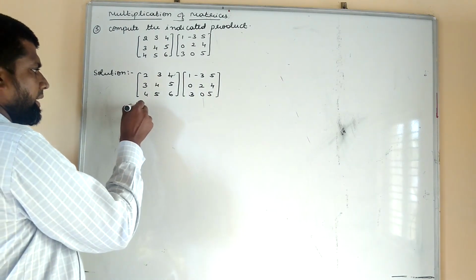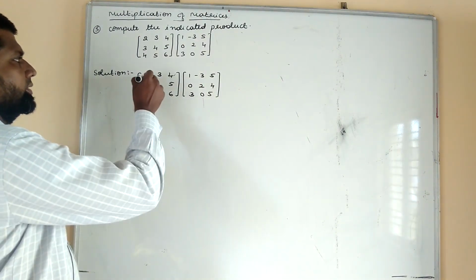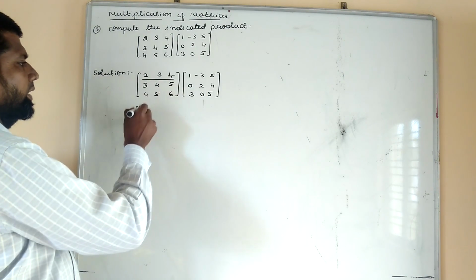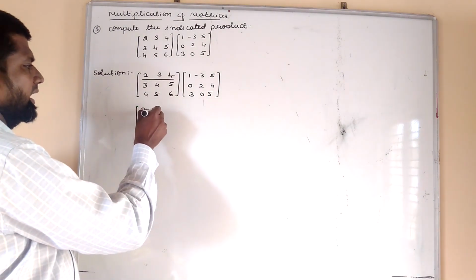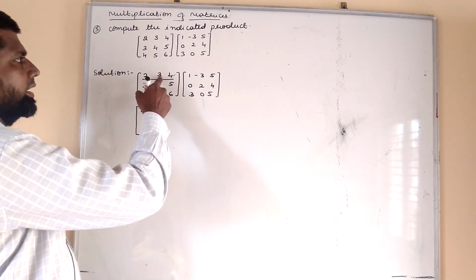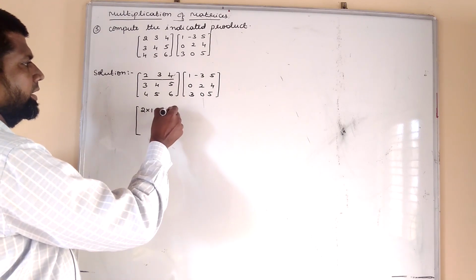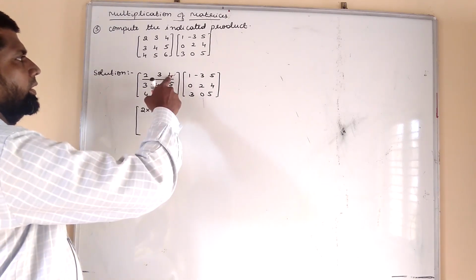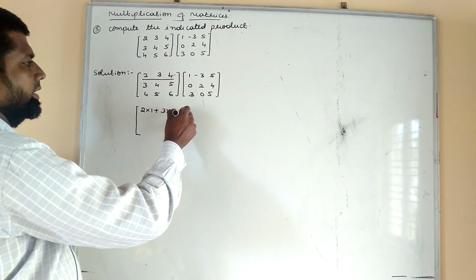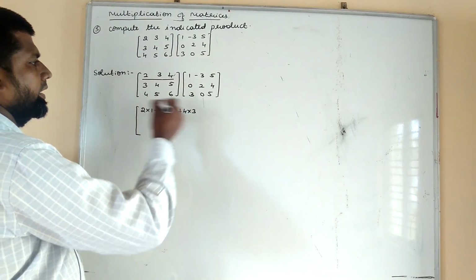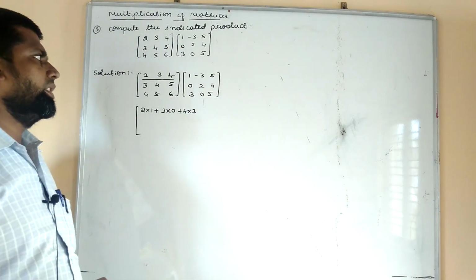So let us multiply first row, first column, 2 into 1 plus 3 into 0, then 4 into 3. So this is the first row and the first column.